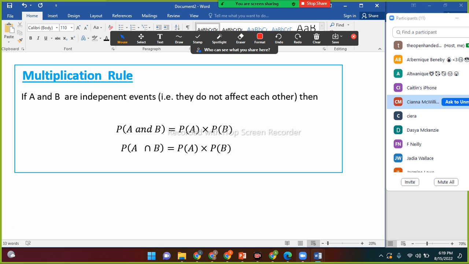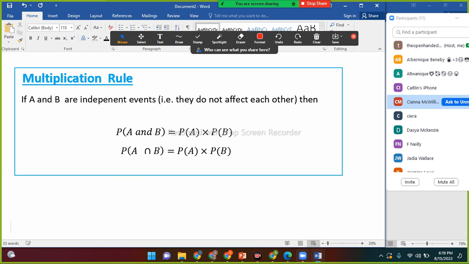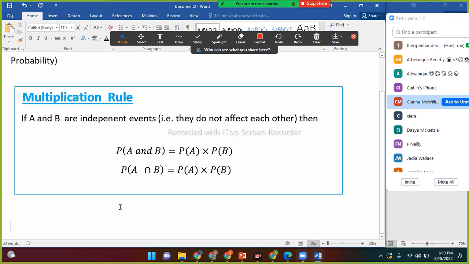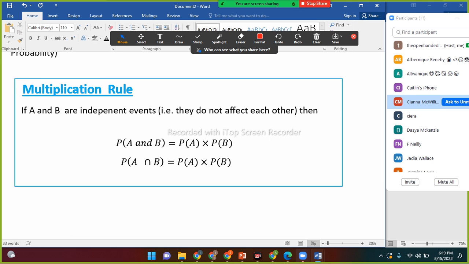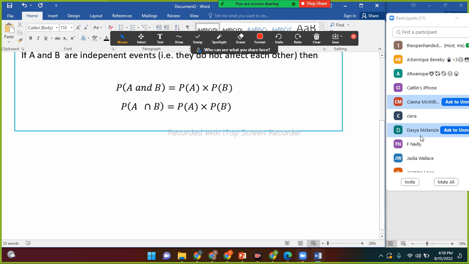All right? If we're trying to find the probability of A and B, it's going to be the probability of A times the probability of B. So let's look at an example of this, to really cement it for us.